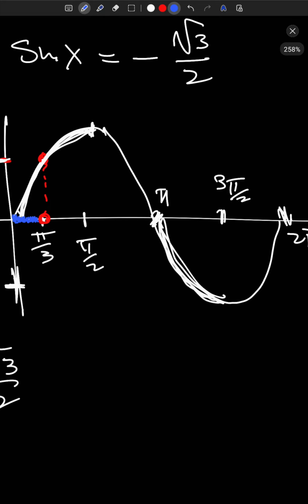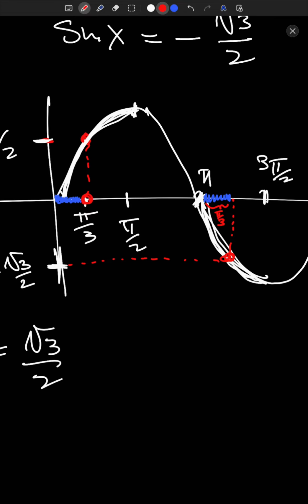So because of the symmetry, if I move from here to here, where this distance is pi over 3, then this height here is going to be exactly minus root 3 over 2. So we have one solution, because this point right there is a solution to our problem.